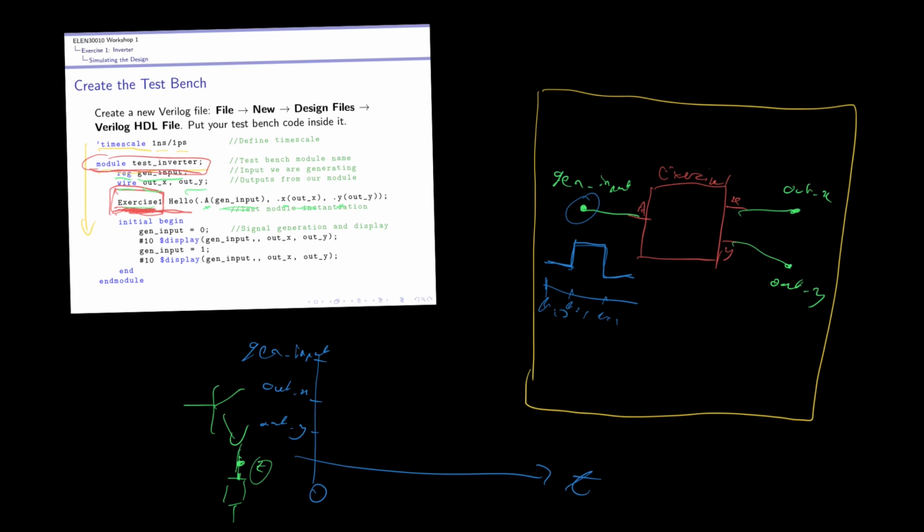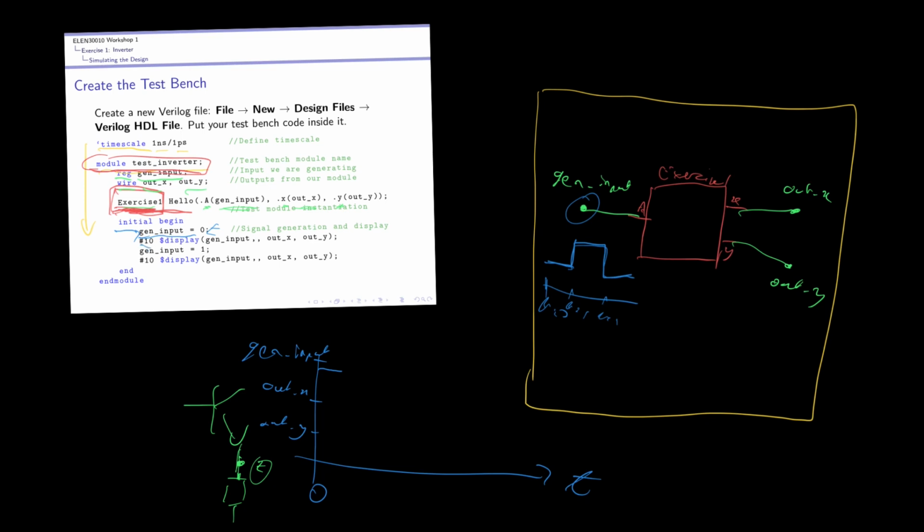That's not what happens in this circuit. Let's have a look at what exactly happens. At time t equals to 0, the gen input is set to 0. So if gen input is here, then initially it's at a 0 or a low state. Once I've set it, it doesn't change its value until the values change somewhere else in my code.